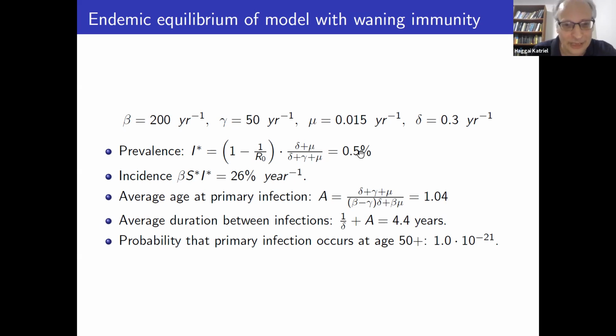But on the other hand, because it will be so strong, the average age of the primary infection is something like 1 year. And the fraction of people who've been infected for the first time at age over 50 will be negligible.